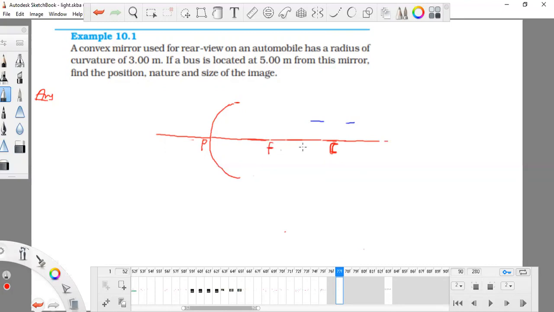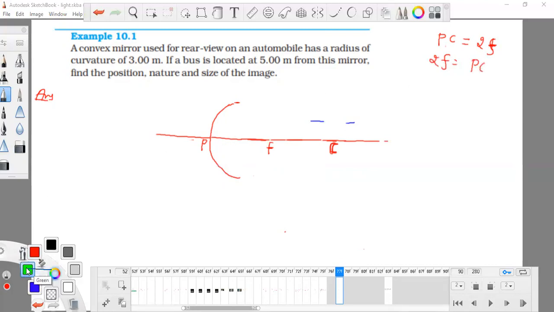And I know that PC is along the principal axis. PC is equal to 2F, or F is equal to half of PC. And what is F?